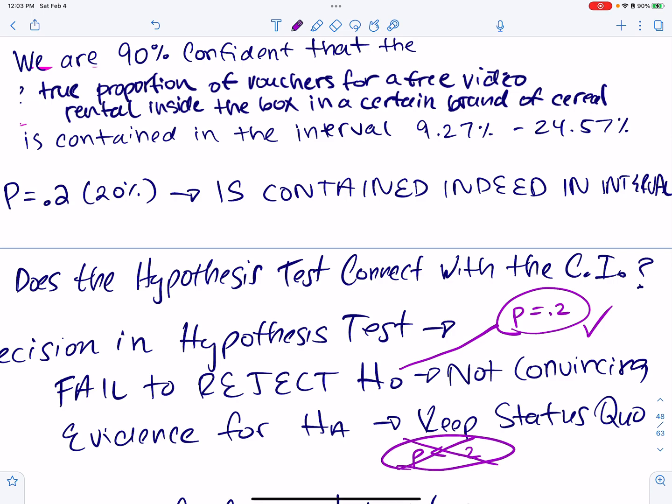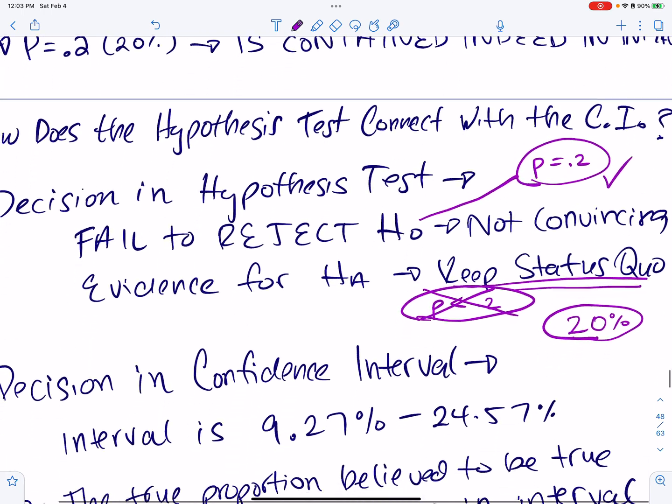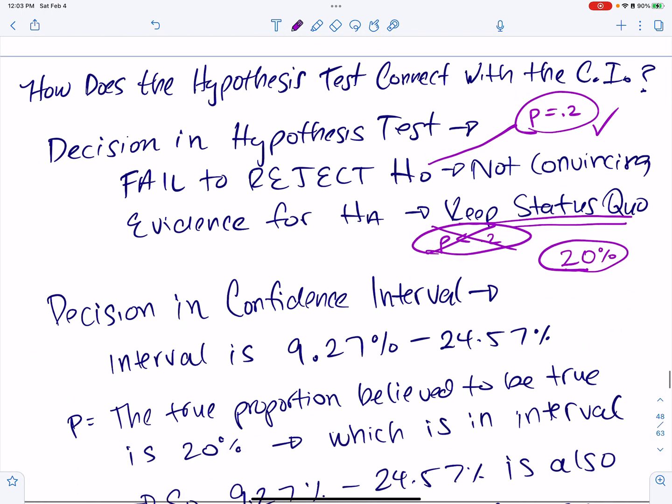We could not reject that it's equal to 20%. We could not say that indeed it was less than 20%. So basically we kept the status quo, that we do believe that 20% would be contained in the interval. Wait a minute, what? Yes, it was. It indeed was contained in the interval.